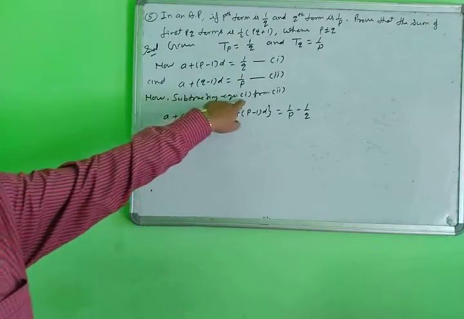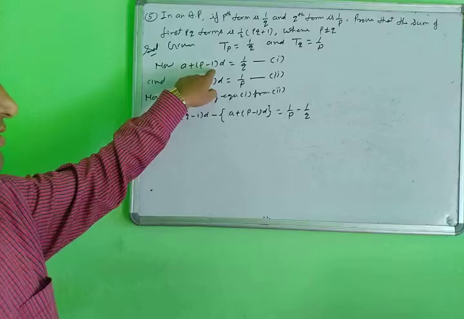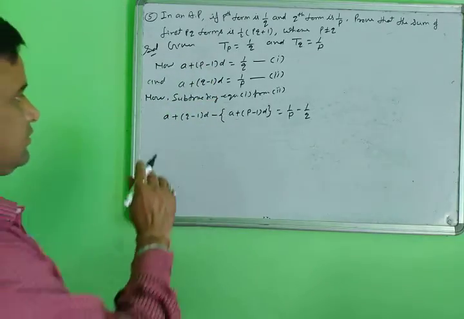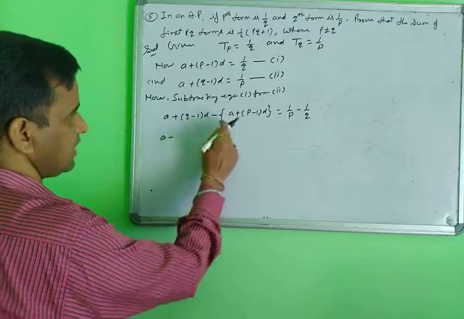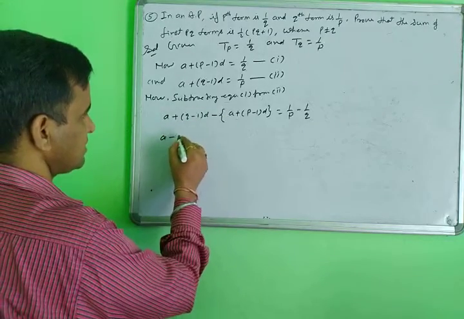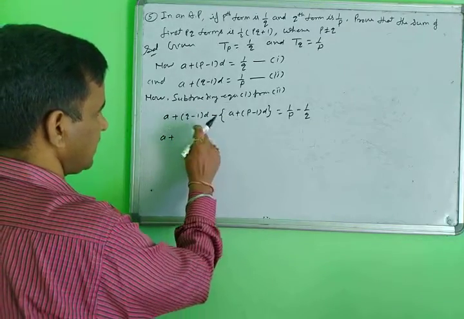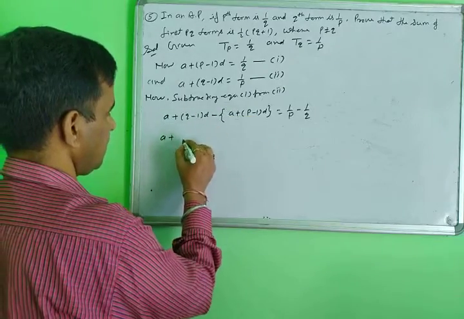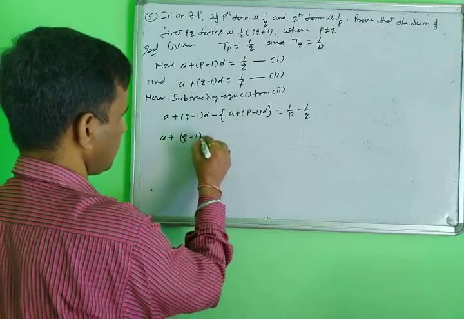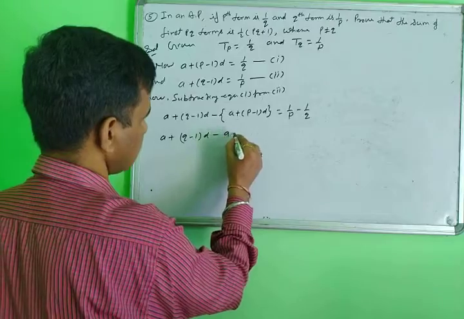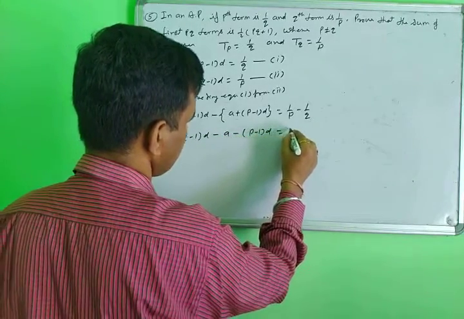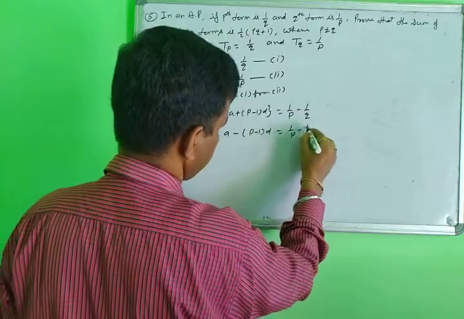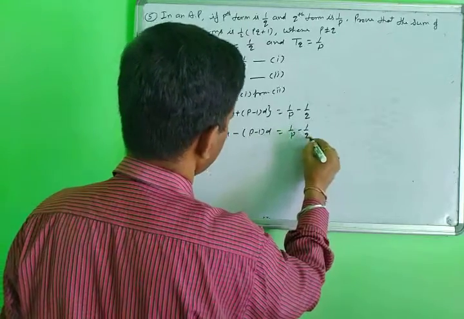So this minus this. Taking a minus a, and this is minus a. The minus and plus, taking both things common, q minus 1 d minus a minus p minus 1 d equal to 1 upon p minus 1 upon q.